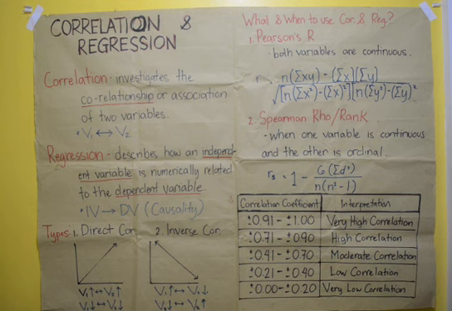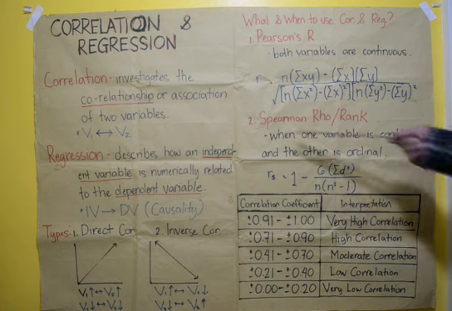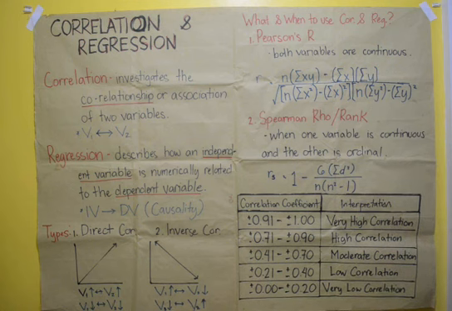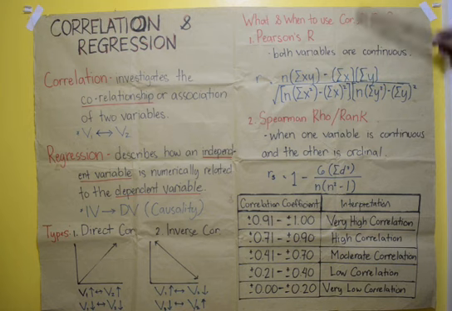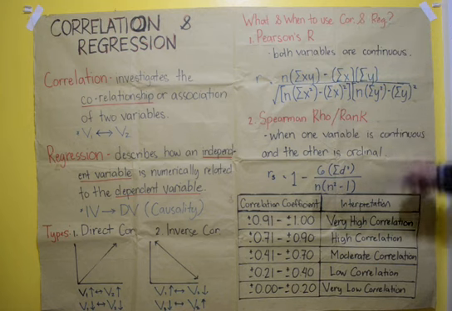Then on the other hand, if either one of the variables is ordinal and one is continuous, or both are ordinal, statisticians would suggest that we use Spearman rho or Spearman rank. So that's it. There will be separate videos for the manual computation for these two formulas.